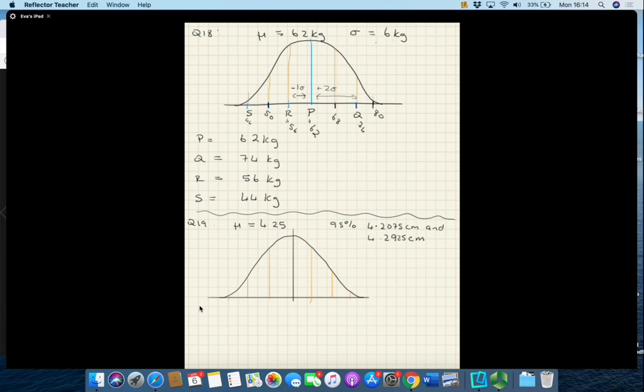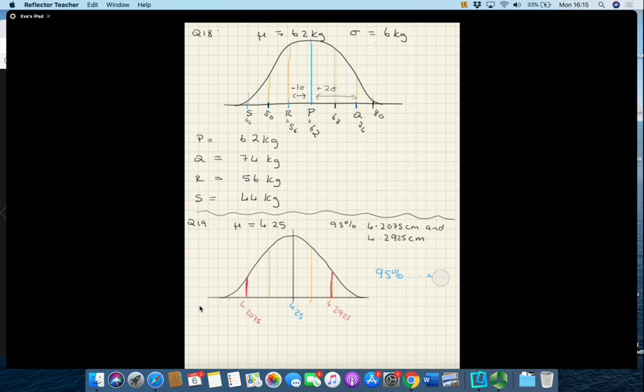So I'm drawing in my 6 standard deviations, it's always that. Okay, so my mean is 4.25. You have to know that 95% is the same as plus or minus 2 standard deviations. So in other words, it's between this node here, which is up 2 standard deviations, so that node there is 4.2925, and the lower one is 4.2075.